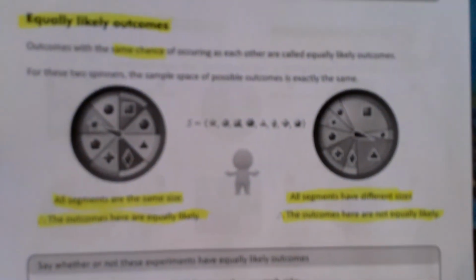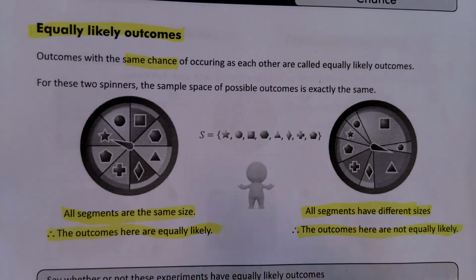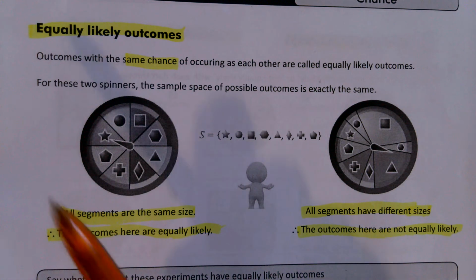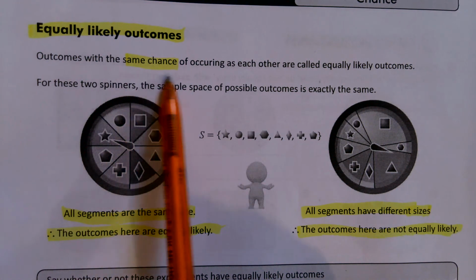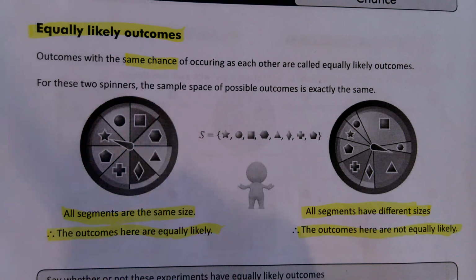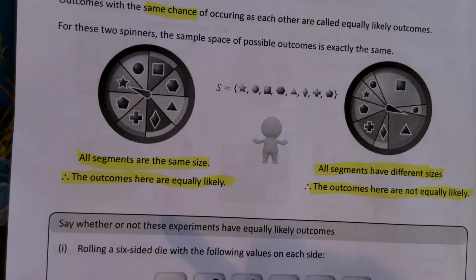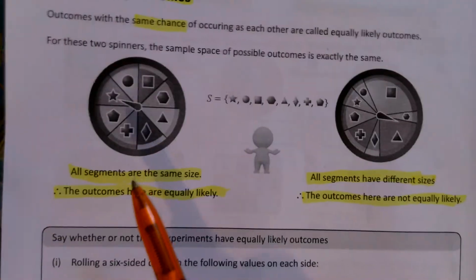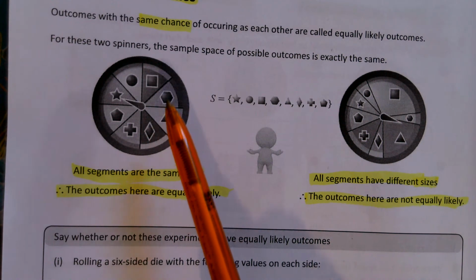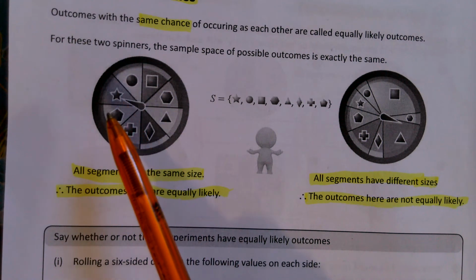Well done. Let's move on now to our equally likely outcomes. Deep breath. Okay, these are the ones. Equal means same, so they have the same chance of happening. If you have a look at these 2 spinners, you can see all of them have exactly the same size.